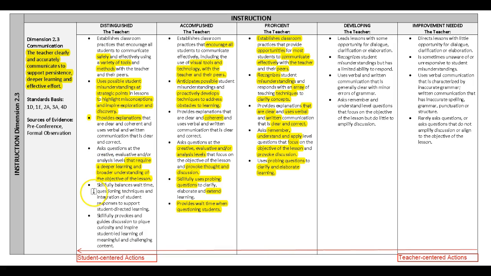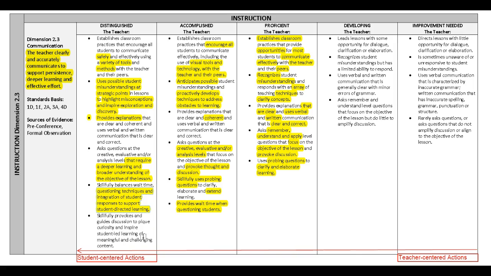And then this teacher skillfully balances wait time, questioning techniques, and integration of student responses to support student-directed learning. So this teacher has become very skilled at the pacing of the activities, the lesson, and knows when to move back and forth between the different aspects of teaching.